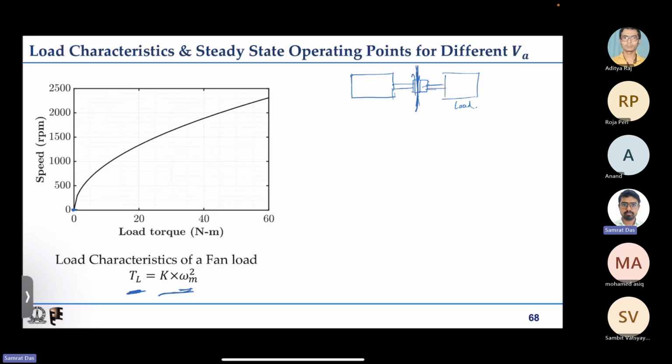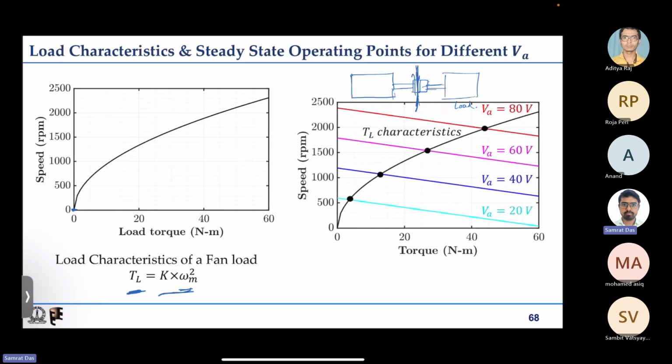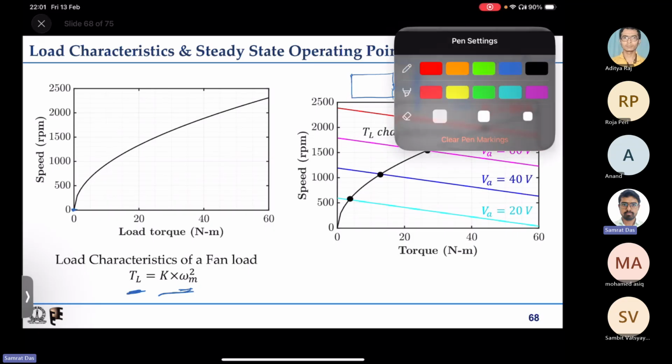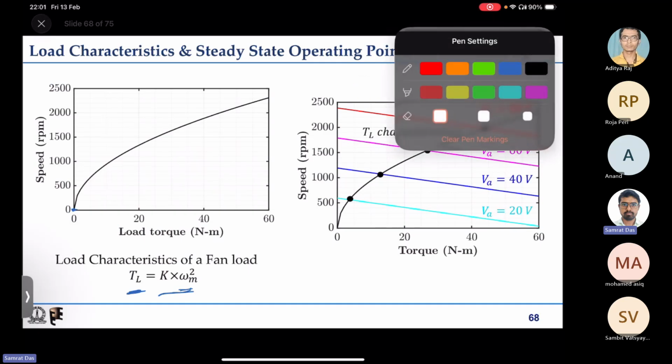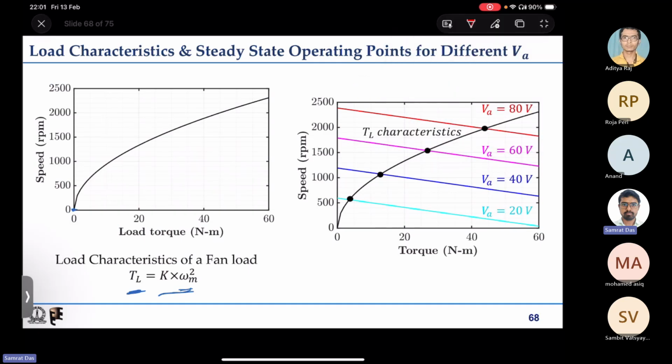Now for a given load characteristic, if we have to run a particular load with a motor at our disposal, and we apply some voltage across the motor, then by plotting them together it is possible to determine the operating point.